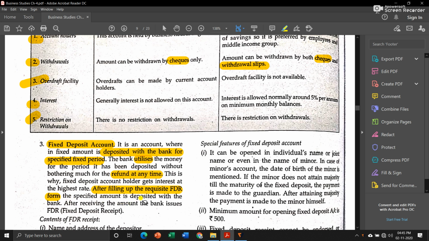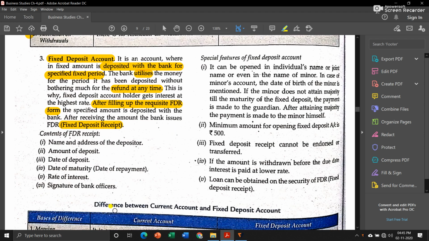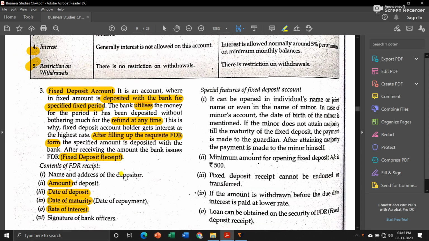After receiving the amount, the bank will provide you one fixed deposit receipt, and in that fixed deposit receipt your name and address as depositor will be mentioned, the amount, then date of deposit, then date of maturity or the date of repayment, along with the rate of interest which the bank will be giving to you, as well as the signature of bank officers. And on the maturity date, you will take that receipt, and from the bank you can get your money back.